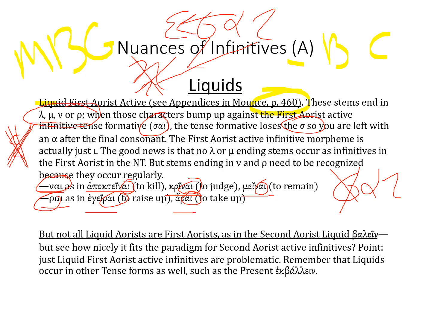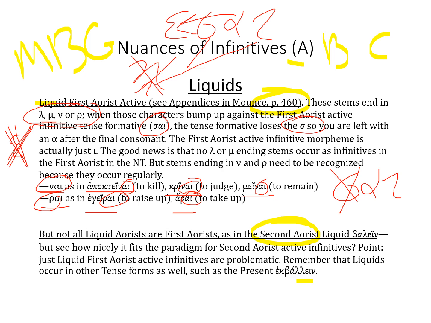But as I note here below, not all liquid aorists are first aorists. There's some that are second. And how do we distinguish the second? We just have that different stem often, changing of the stem, the second aorist just grabbing perhaps a different root or no extension.